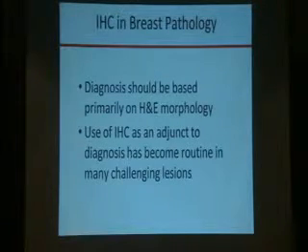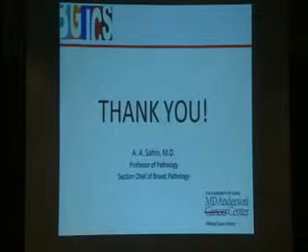So in summary, in breast pathology, diagnosis should be based primarily on H&E morphology. Use of IHC can be an adjunct to diagnosis, but H&E diagnosis is the gold standard. Thank you very much for listening.